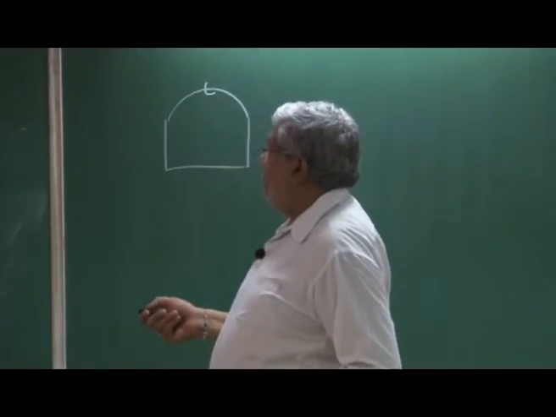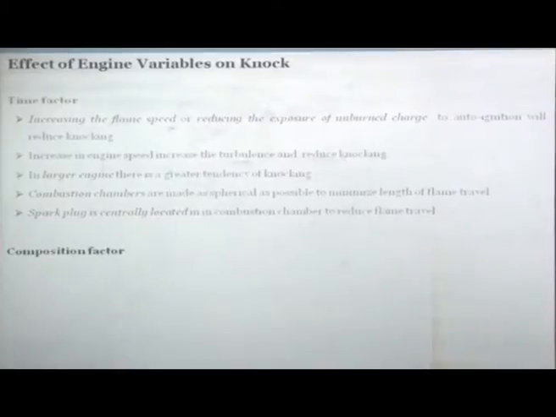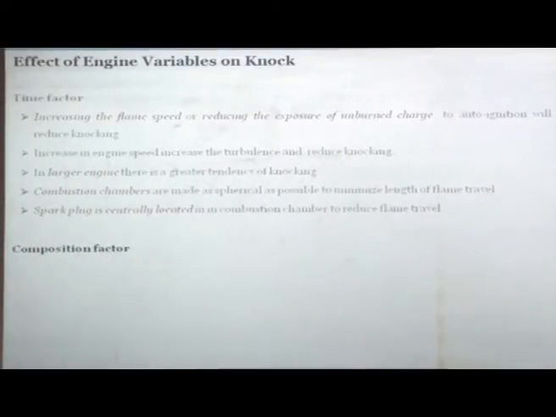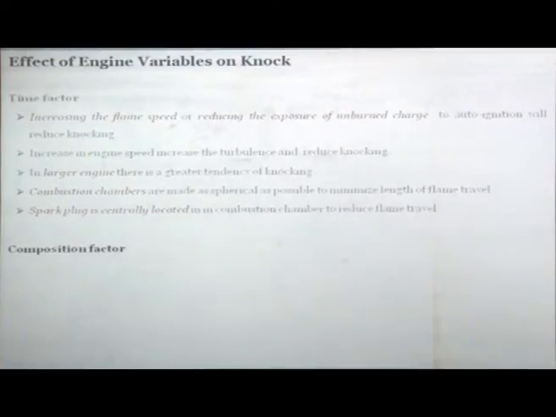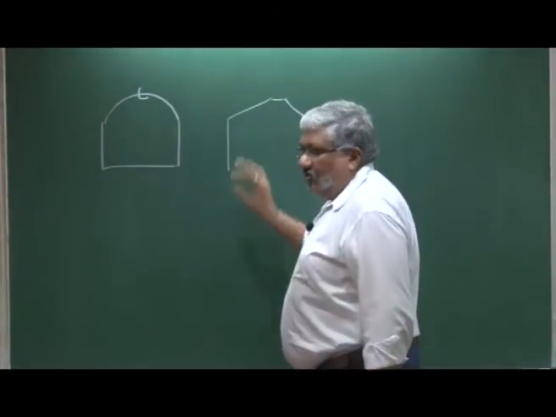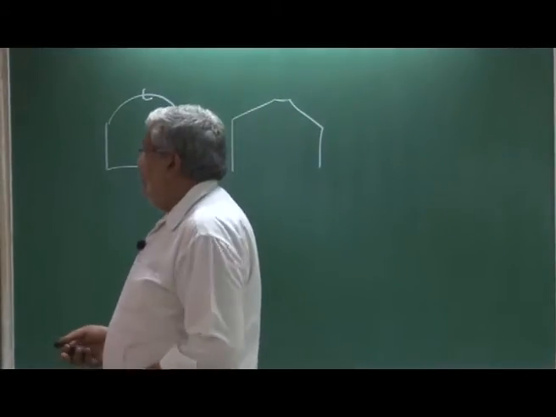So combustion chambers are made as spherical as possible to minimize the length of flame travel, and that's why you see these spherical chambers are not really available commercially now. What is more popular is something called pent-roof design. Pent-roof design is like this. It is very close to spherical, and most of the modern SI engines use pent-roof design.